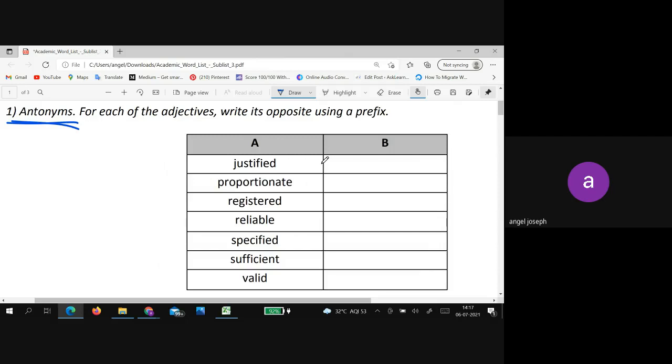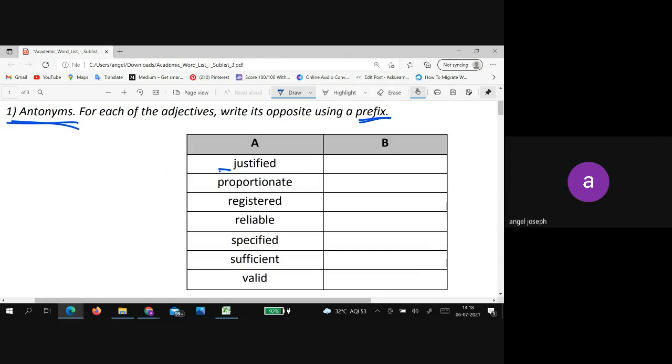Let's say angry, annoyed, enraged. All those are synonyms. Antonyms are just the opposite. So we have to put a prefix. What do you mean by the word prefix? We have to put something before this word, and that's how we make an opposite of it.